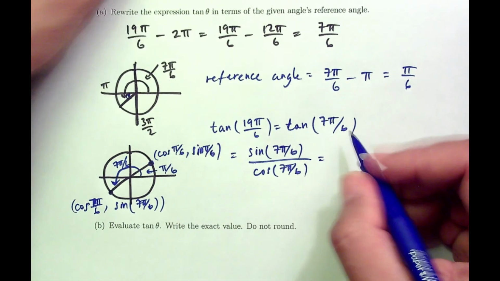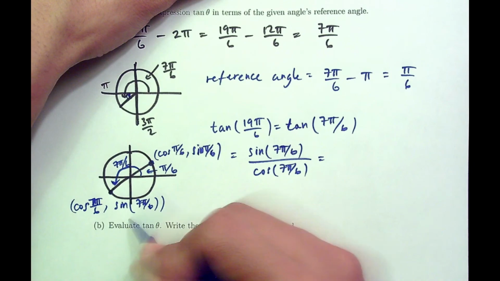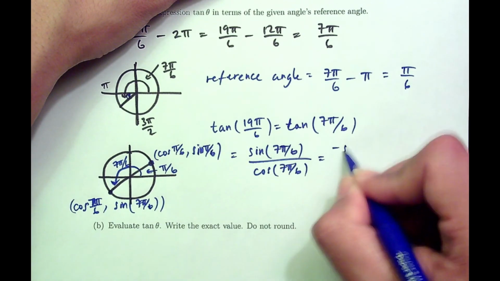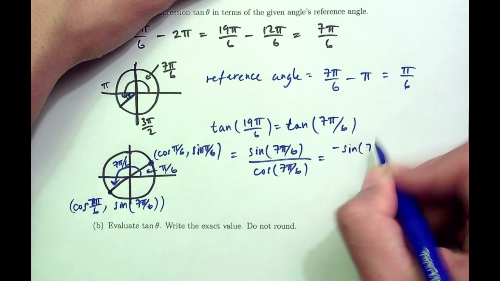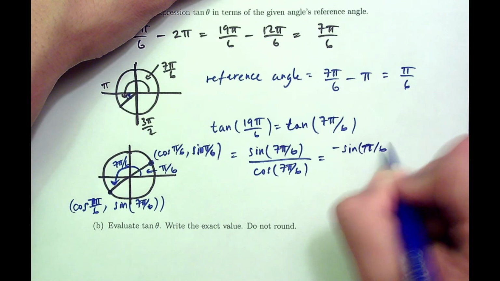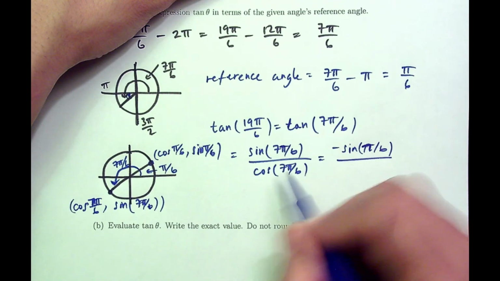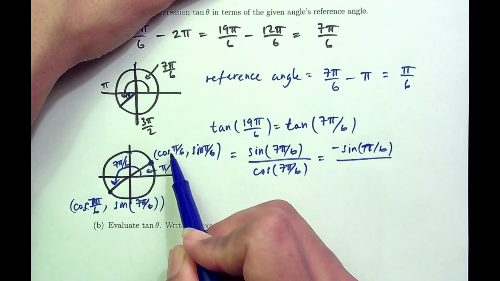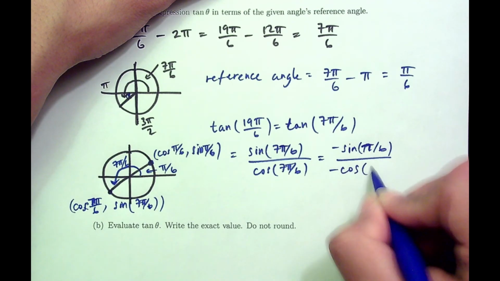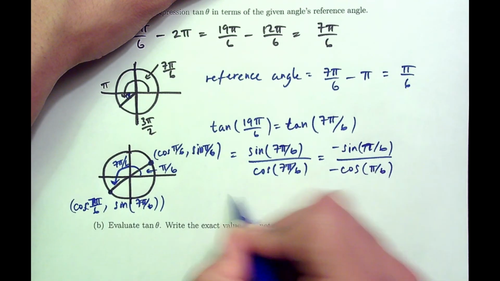In other words, sine of 7 pi over 6 has to be the same as that y, but negative. So this is negative sine of pi over 6, and this cosine has to be the same as that cosine, but negative. So this is negative cosine of pi over 6.